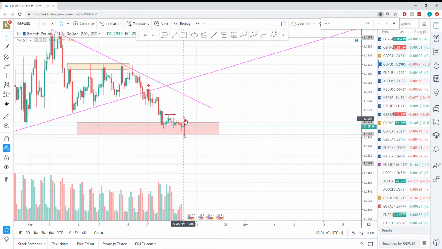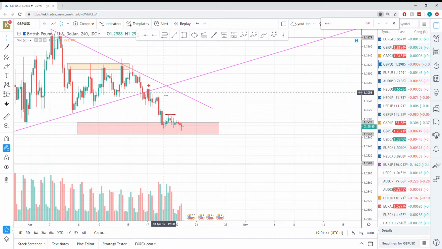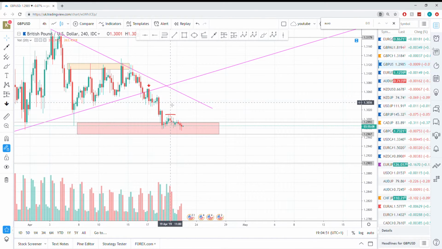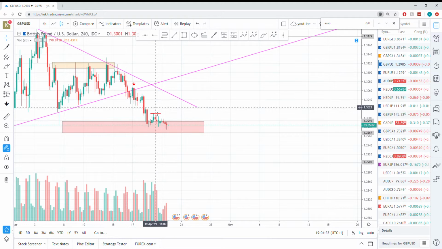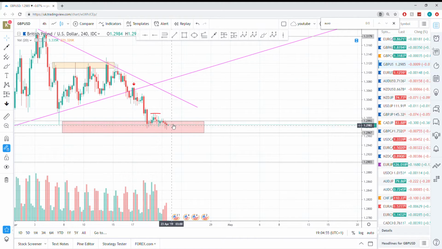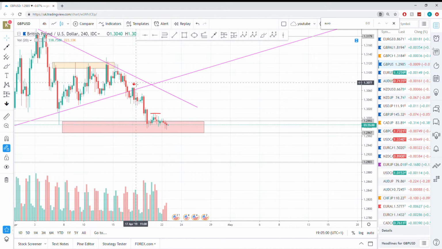This here would be our stop loss tool, and you can obviously change it to your risk management and change your lot size accordingly. That is if I would want to take a buy order in the pound USD.